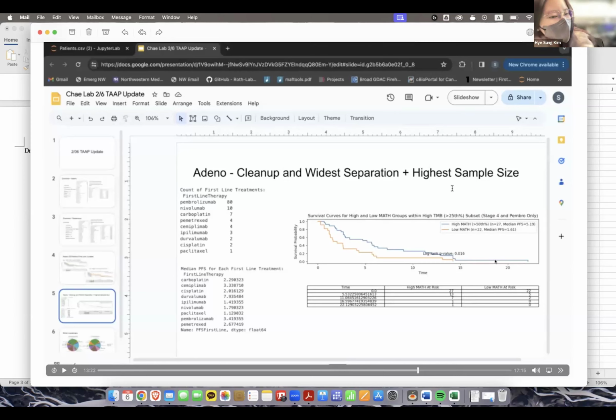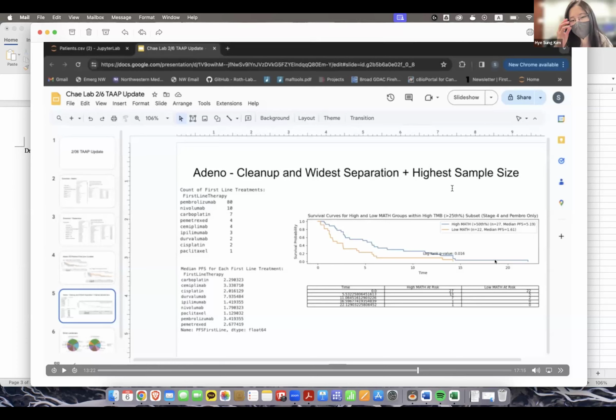The thing is, there just weren't enough death dates, like recorded death dates, and so we thought of replacing the missing ones with the data entry date, which was August 2023. But that didn't yield any significance.